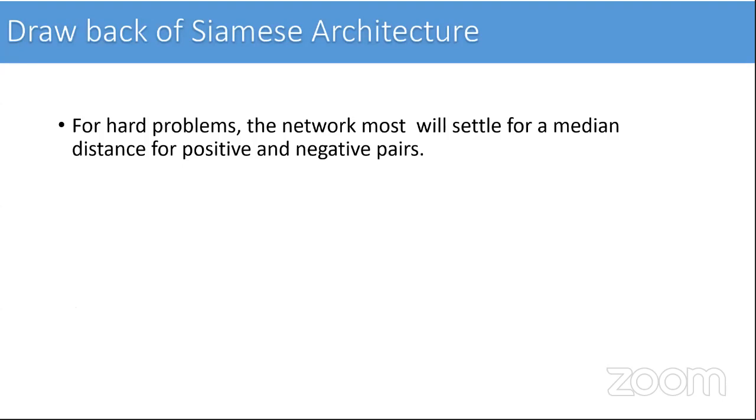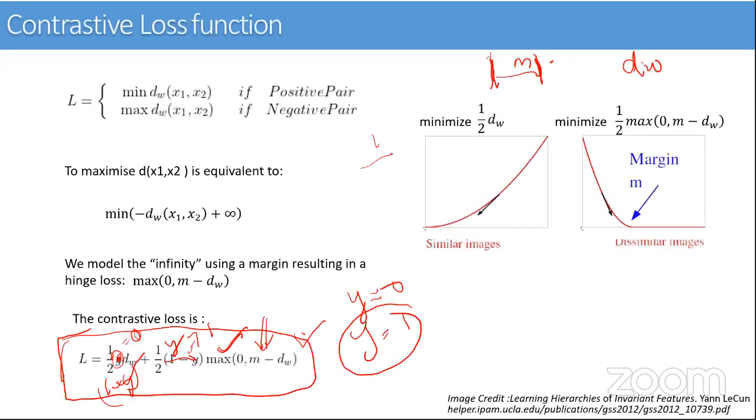If you examine this contrastive loss function, for each input image we are having only one of the terms in this loss function being optimized. Either it's a positive pair or it's a negative pair. Only one of the pairs will be optimized. It's not giving any global context. So I'll explain that again. If I have x1 and x2, which are similar, then I know from my contrastive loss function that I should minimize the distance.